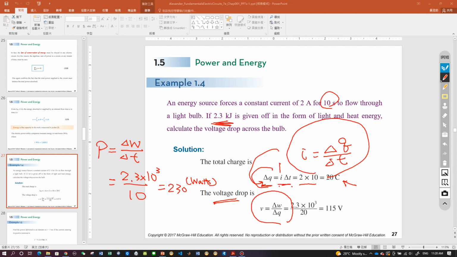So power is equal to what? This is power, 功率, power. Power is equal to V times I, right? I is how much? 2.